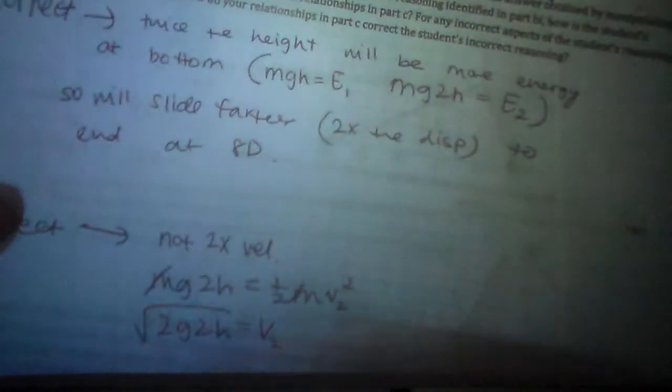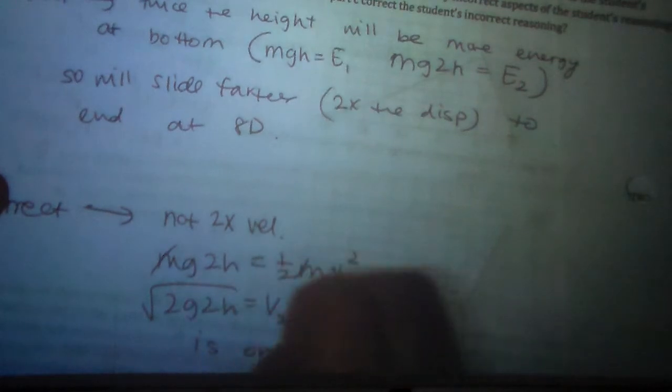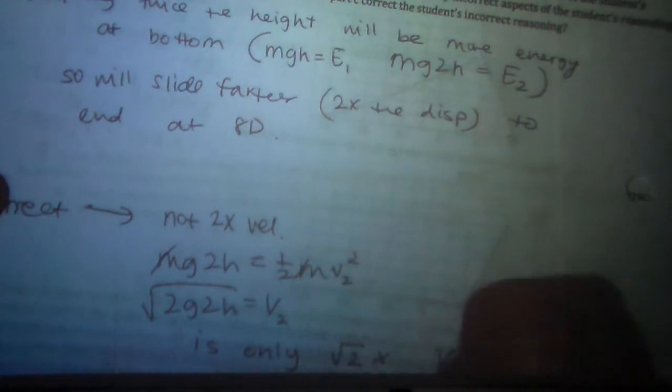What was incorrect, and we did this on the other page, what was incorrect is not 2 times the velocity, because mg2h equals 1/2 mv squared is only root 2 times v1.